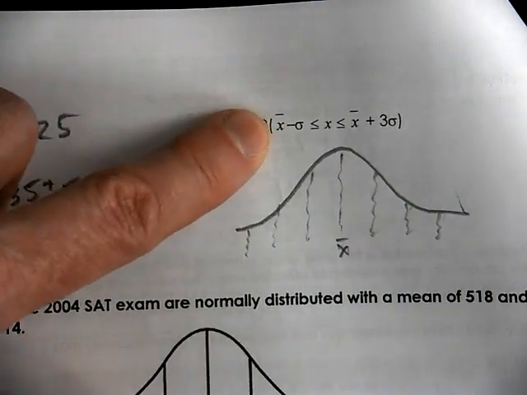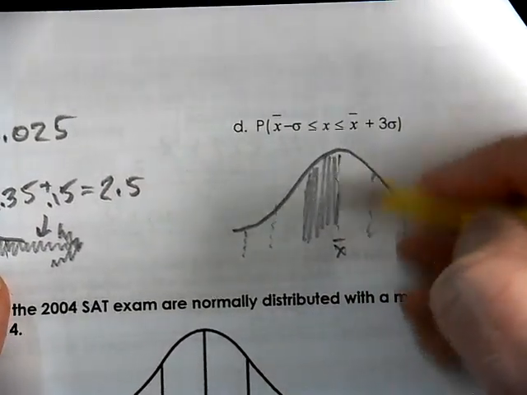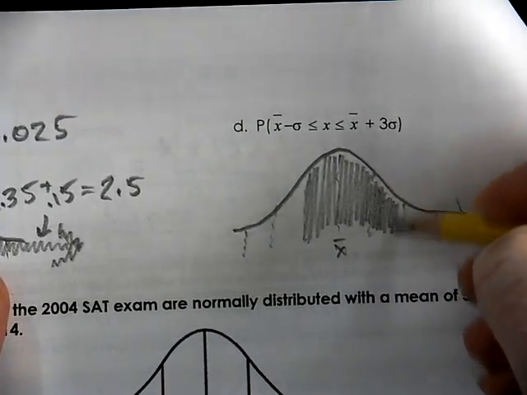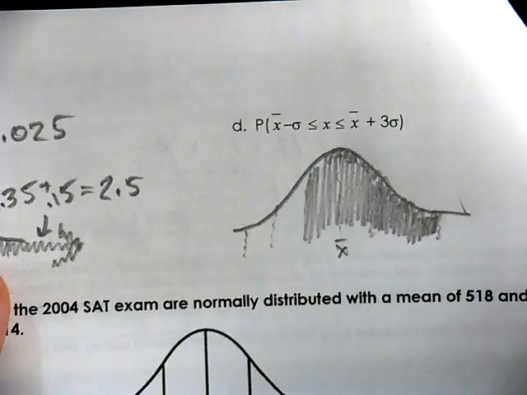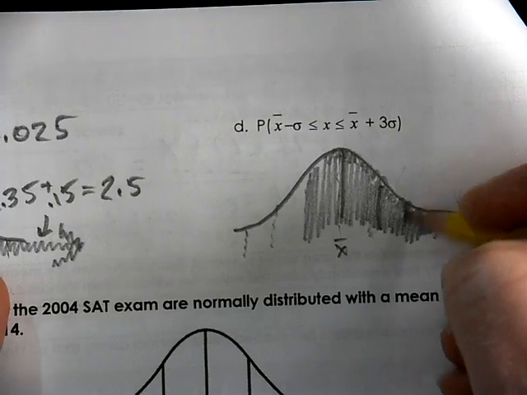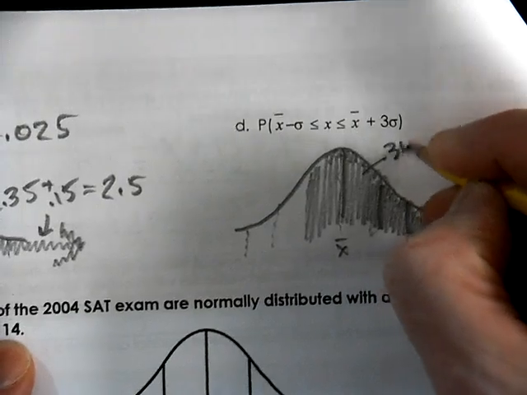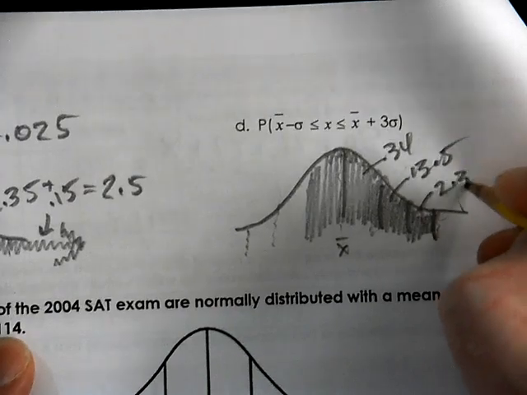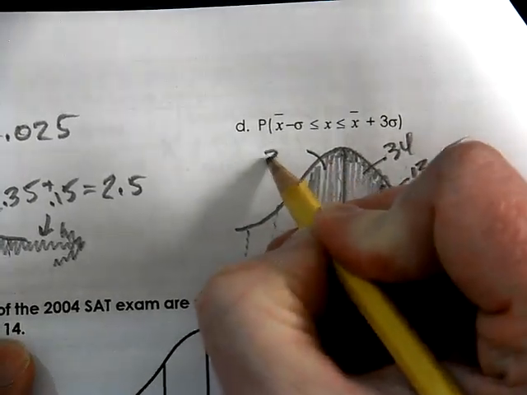You want to go from 1 below, because there's not a number in front of sigma, to 1 above. This is 34. This is 13.5. This is 2.35. This here is 34.